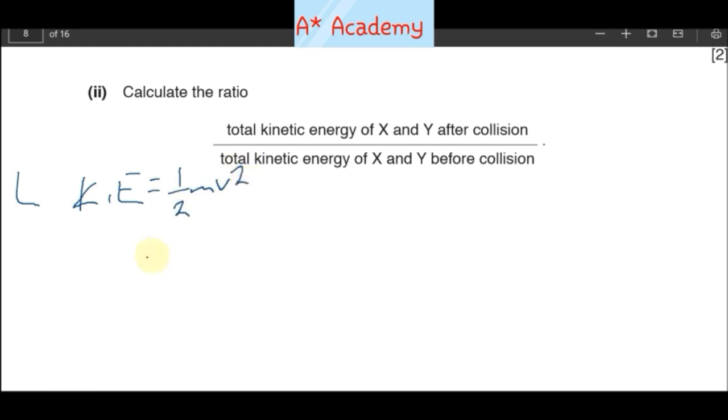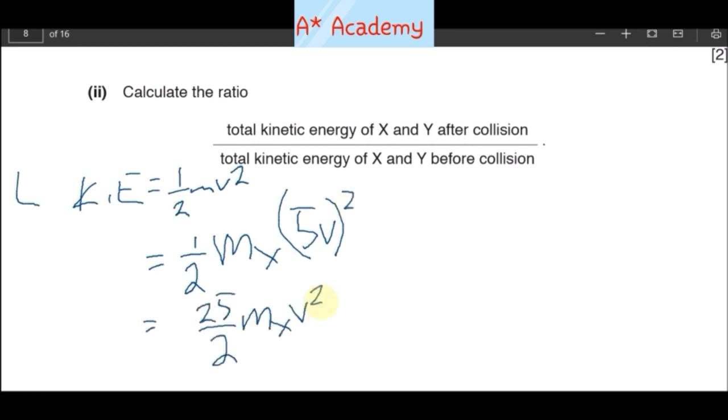Before the collision we had only x moving, so it's half mx times the speed of mx before the collision squared. This gives us 25 over 2 mx v squared. After collision, we have both x and y moving at a common velocity, so kinetic energy was half.